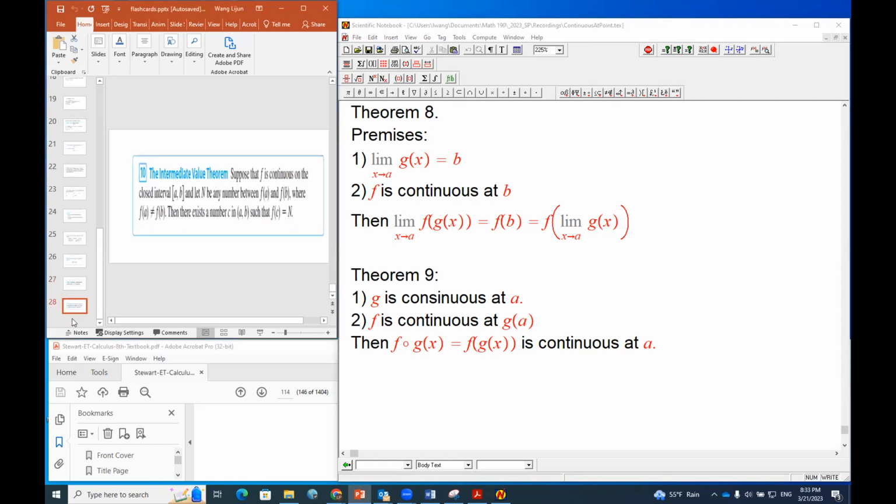The next one, the intermediate value theorem, is going to be another lesson. We already covered that in class. And let's see if there are any homework questions. Should I go over continuity? I think I'll just leave them for you.